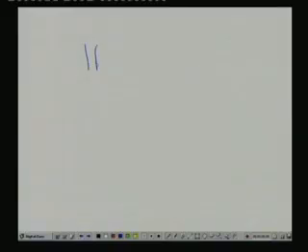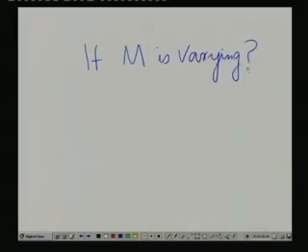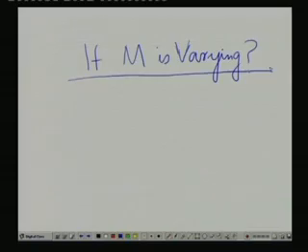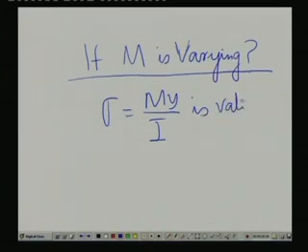But the question is, if M is varying, what happens? If M is varying, then of course the bending won't be pure. Under this particular case, is sigma equals M y by I valid? The answer is yes.